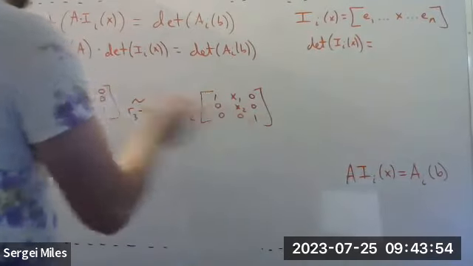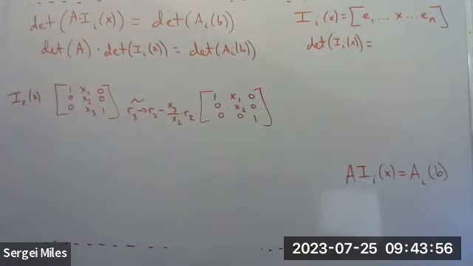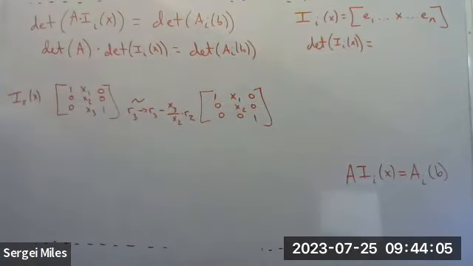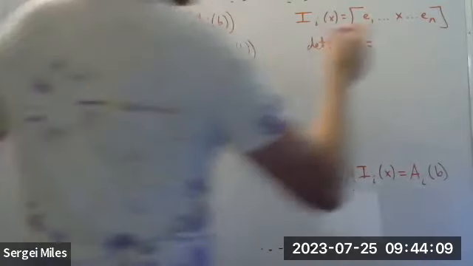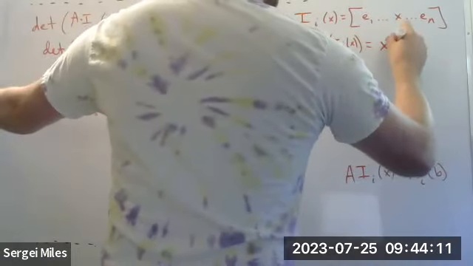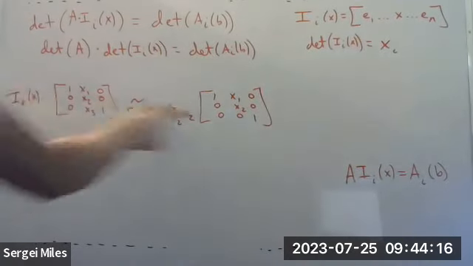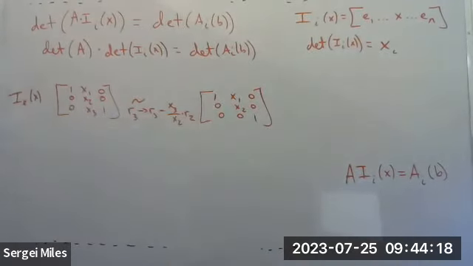But the diagonal, because it was the identity matrix, is just going to have a bunch of ones, and the only thing that will be different is whatever is in the ith entry of x. In other words, the determinant of I of x is xi. It's going to be whatever is in that ith position of x, right? The determinant of I of x is xi.